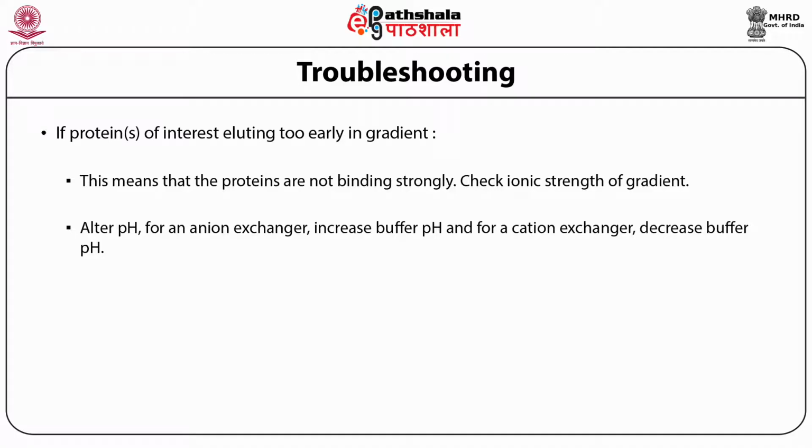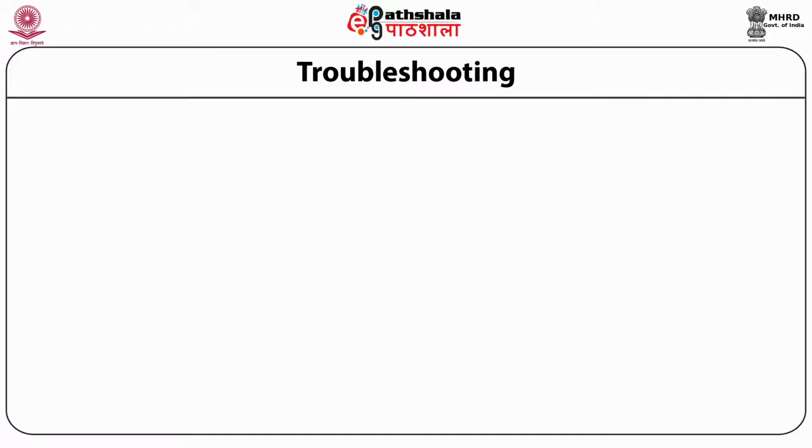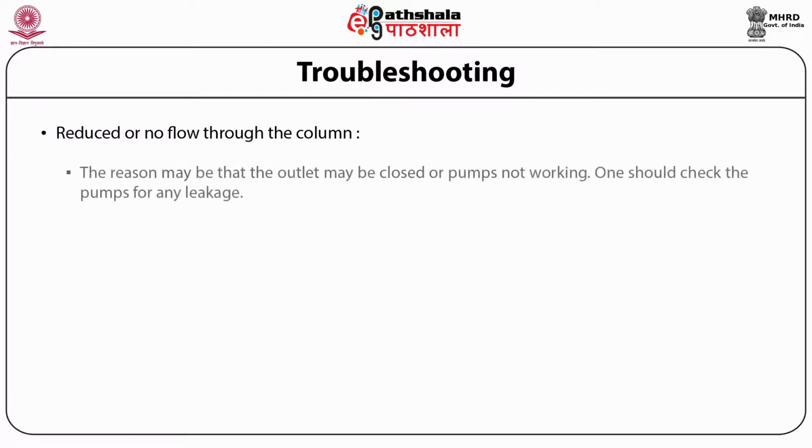What if there is a reduced or no flow through the column? Now, there may be many reasons to this. One of the common reasons may be that the outlet is closed or the pumps might not be working. So, prior to the start of the experiment, one should check if the outlet is closed or open and if the pumps have any leakage or not.